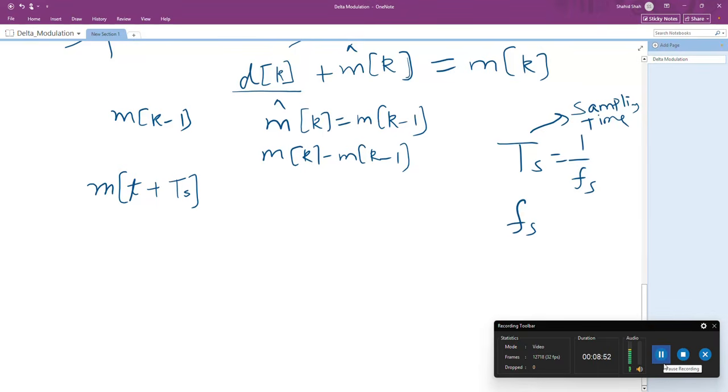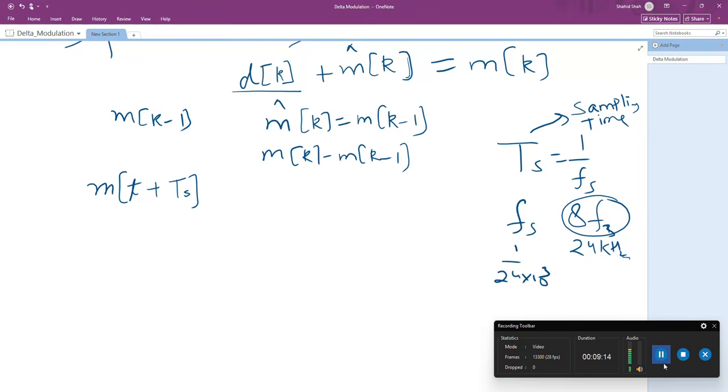You know that fs is much larger. If you take an audio signal, you usually take 8 times the bandwidth, so it's like 8 times 4, which is 32 kilohertz. In the case of video, it is even much higher. So 1 by fs is 1 by 24 into 10 to the power 3, which is quite a small number.